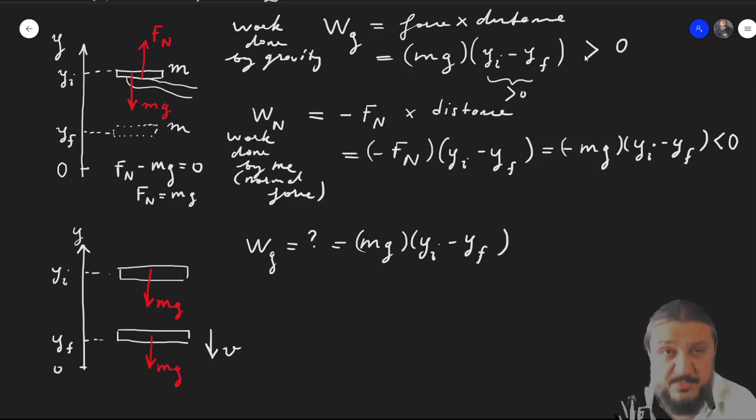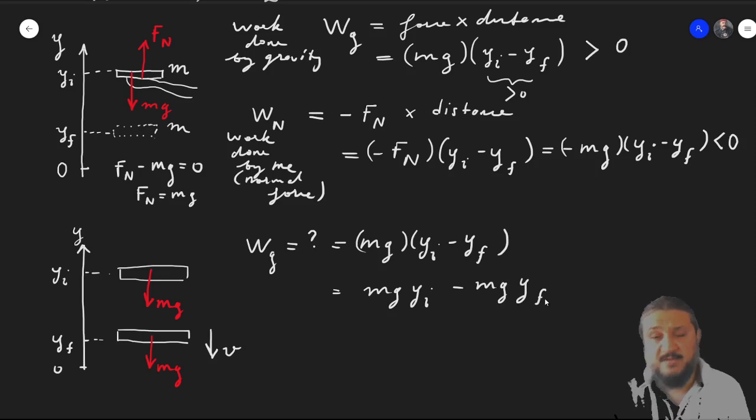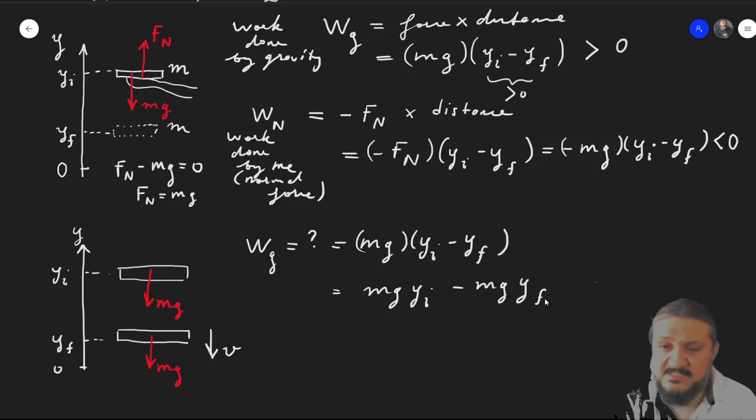So let's take this expression now and rewrite it in this manner. First of all, let's multiply mg by yi and then by yf. We distributed it. Now, two observations. Number one, we have this initial minus final idea there.